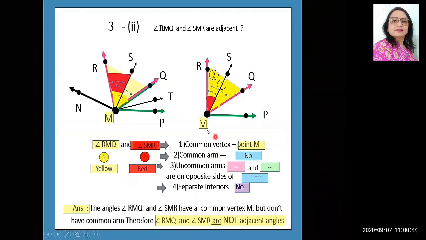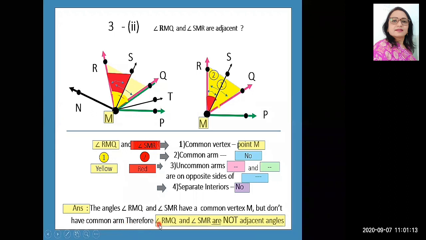So they have a common vertex, but all the other conditions are not fulfilled in this pair of angles. So we can write that the answer is: angle RMQ and angle SMR have a common vertex M, but don't have a common arm.